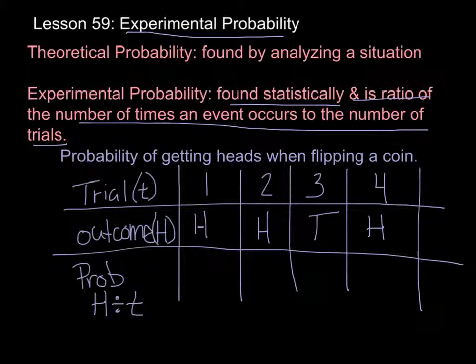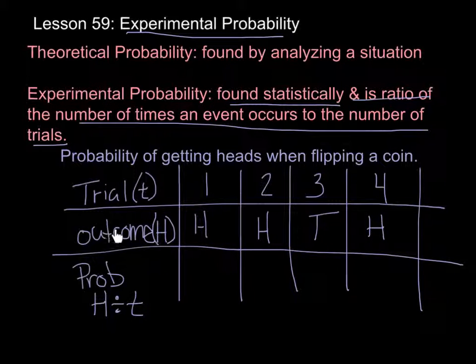So let's look at, maybe you're trying to find the probability of getting heads when you flip a coin. Well, there's two sides of a coin, heads and tails. So I've got my number of trials, and you can see I have 1 trial, 2 trials, 3, all the way up to 4. In your book on page 401, there's a complete chart all the way to 10 trials.